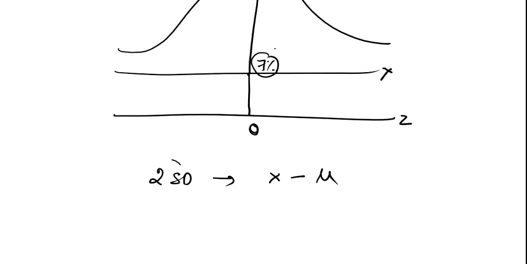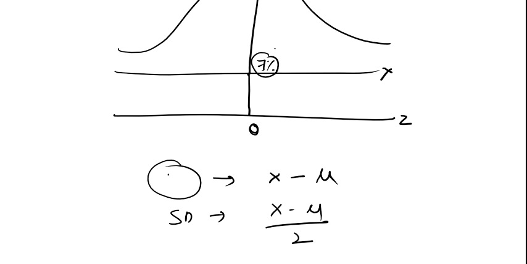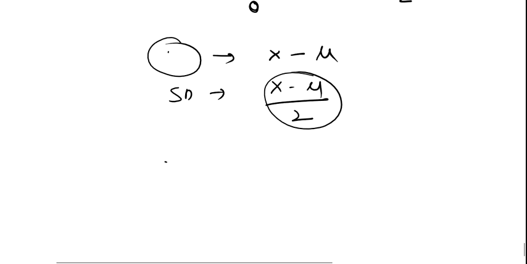So what my standard deviation is 1 means for every one standard deviation, I have to divide it by 2. For 2 standard deviations, right? So what is the value for 1 standard deviation? So I need to standardize it. Clear? So I am getting the z value.